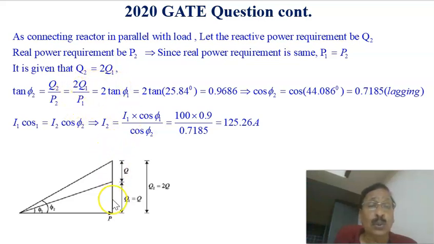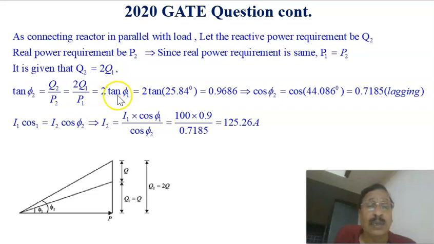Q2 is equal to 2 times Q1, as already seen, the reactive power supplied with the reactor is 2 times that without the reactor. Therefore, 2 times Q1 by P1, which we have seen is tan phi 1.